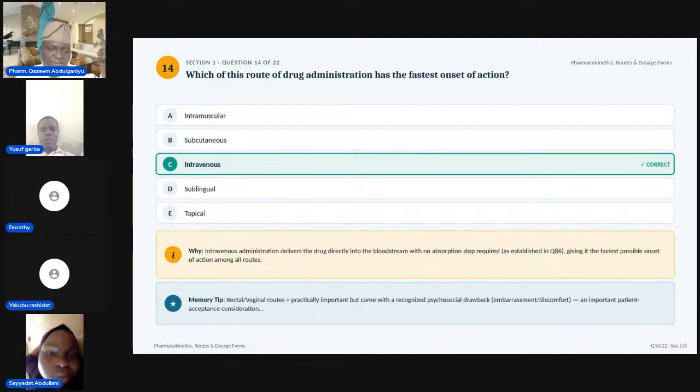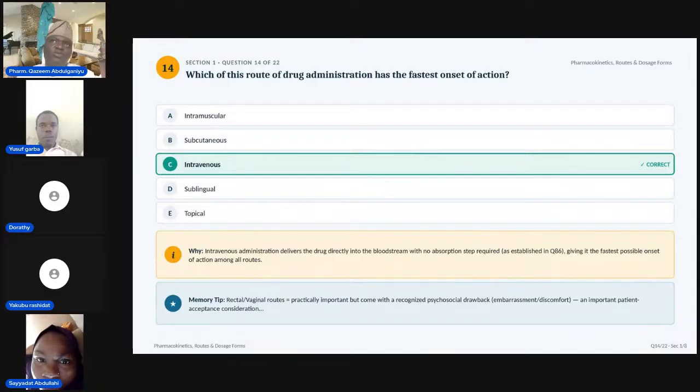Is that clear now? So the fastest onset of action means the time that you would start seeing the action of that drug. So for IM, it could take maybe 5 minutes, but for IV, it could start almost immediately. And you would remember some of the cases that you have seen as a patient, as a pharmacy technician yourself.